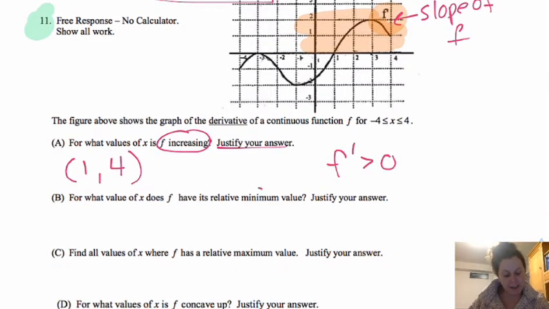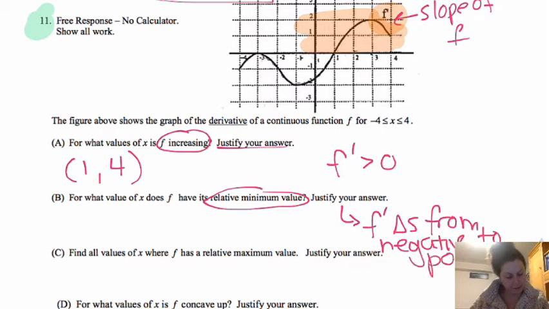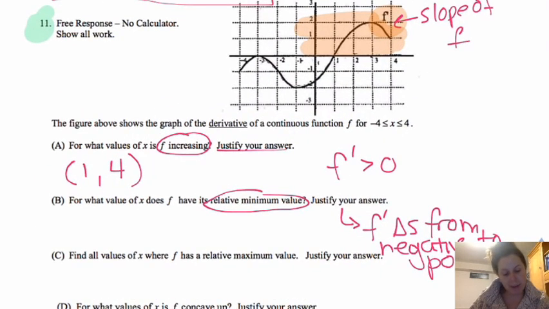Now, where does f have a relative minimum? So that's going to happen when f prime changes from a negative slope to a positive slope, right? Negative to positive. And so where is that happening? Well, we are negative all in here. We're positive up here.